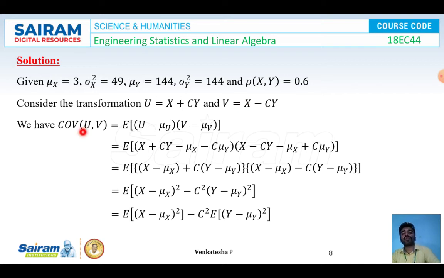So the covariance of u comma v is given by expectation of (u minus mu u)(v minus mu v), replacing u as x plus cy and v as x minus cy, and replacing mu u as mu x plus c mu y and mu v as mu x minus c mu y from mean equations. So I got the equation expectation of (x plus cy minus mu x minus c mu y) into (x minus cy minus mu x plus c mu y).